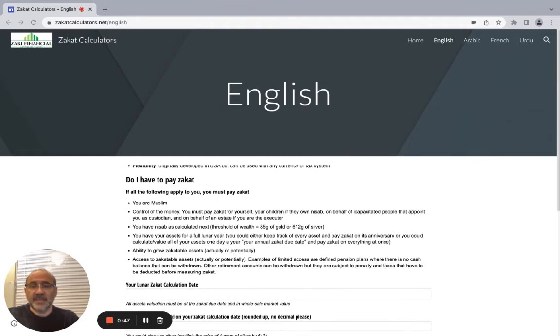Do I have to pay zakat? Yes, if you are a Muslim, you have control of the money. Basically, your money, your children's money, you're the guardian or the trustee of that money. The money is at or above nisab, and we're going to talk about that.